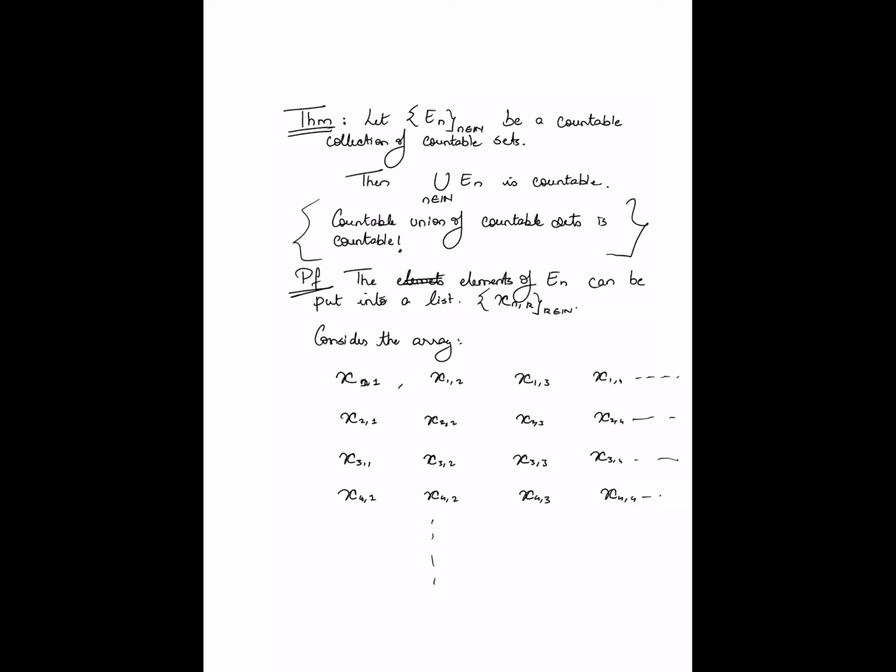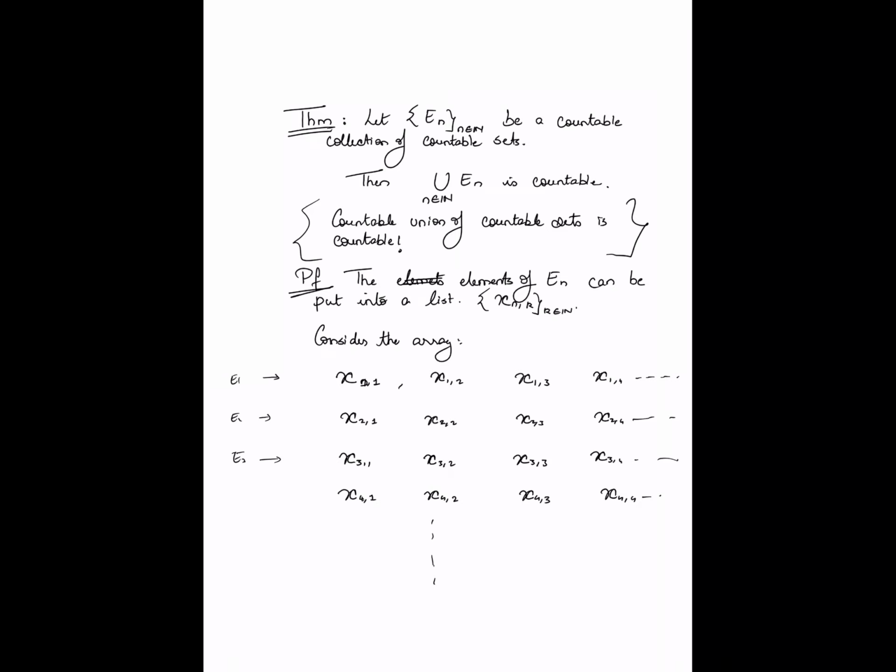So it's like a two-dimensional array that I have constructed, where each horizontal row is an infinite row, of course, and the nth row is a listing of the elements of E_n. Across rows we are changing n. So these are the elements of E1, these are the elements of E2, these are the elements of E3, and so on. Vertically, we are listing all of the sets E1 onwards.